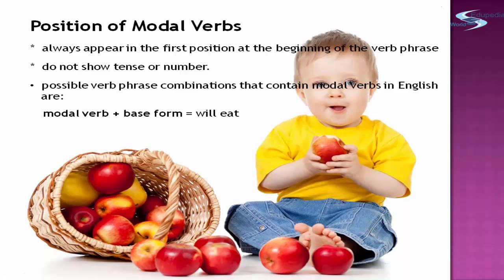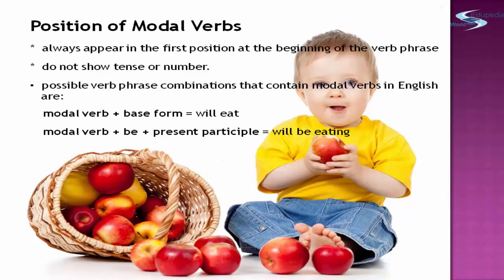The first combination is modal verb plus base form, an example of which is will eat. The second combination is modal verb plus be plus present participle, an example of which is will be eating.